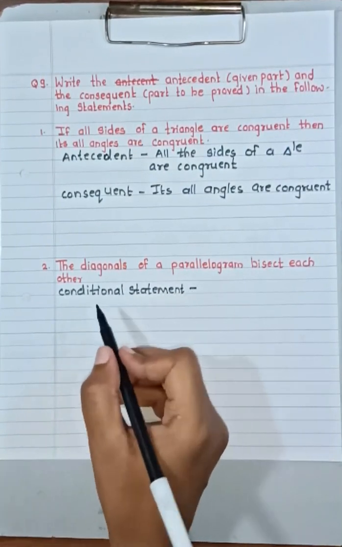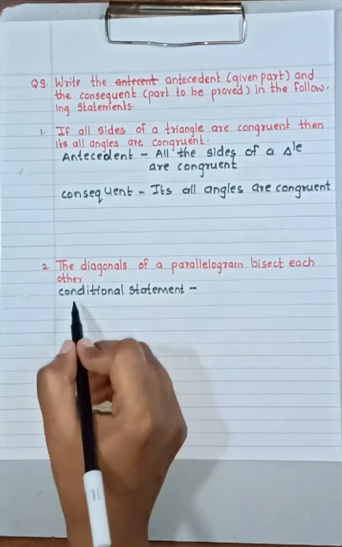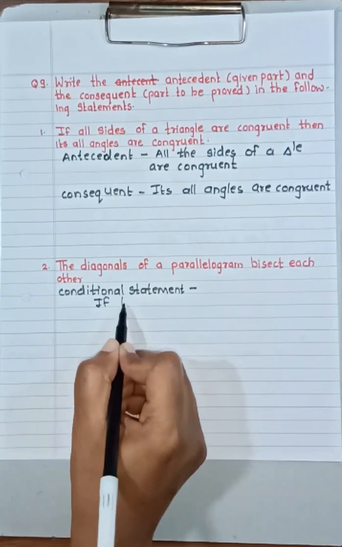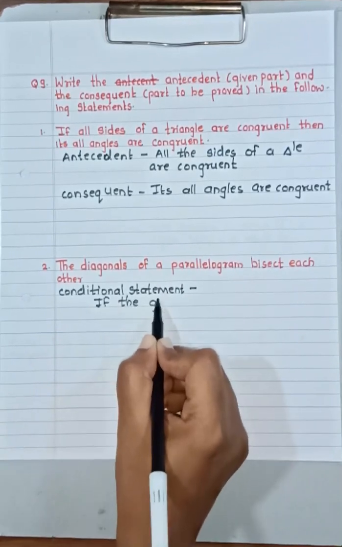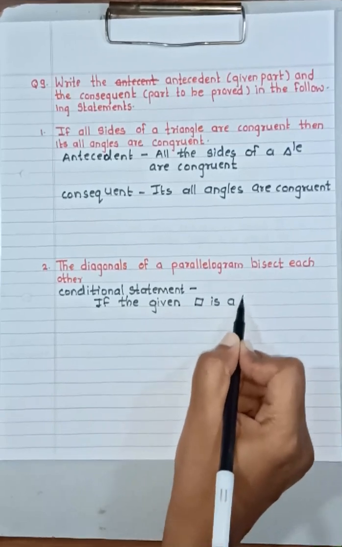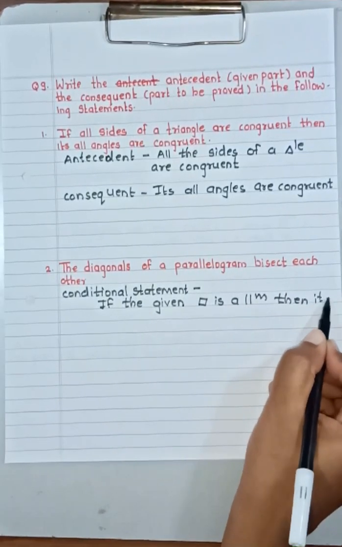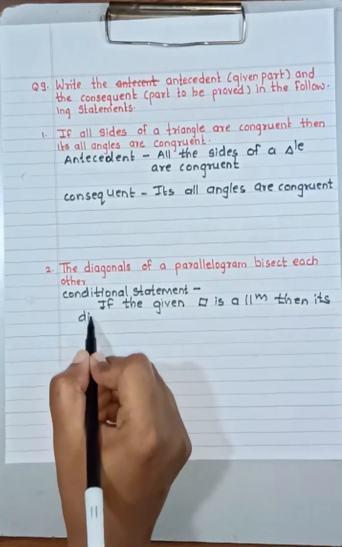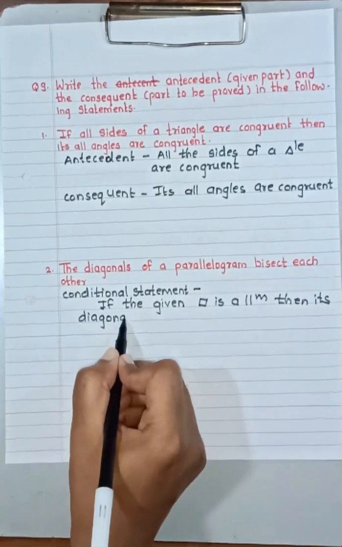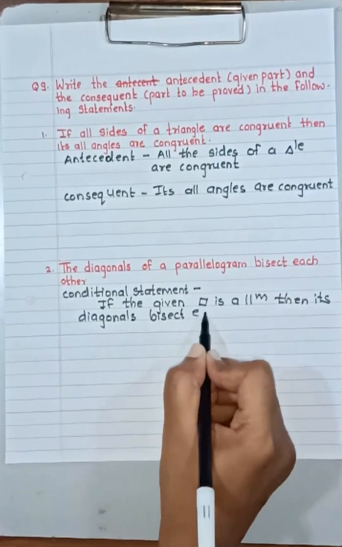That will be, if the given quadrilateral is a parallelogram, then its diagonals bisect each other.